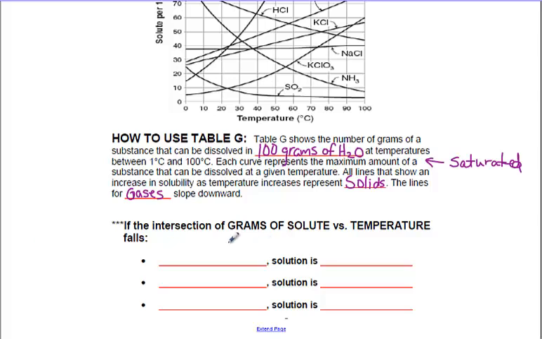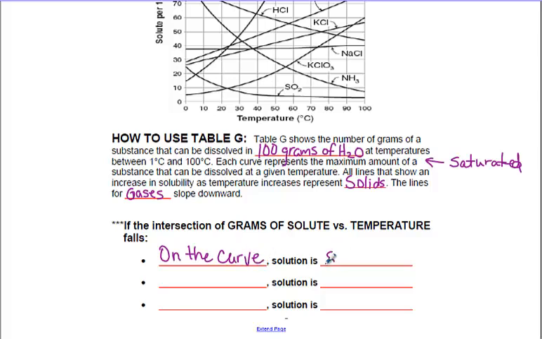So if the grams of solute on the y-axis intersects with a point on the temperature axis, we're going to look to see where that point falls. If the point falls on the curve, it's going to be considered saturated.